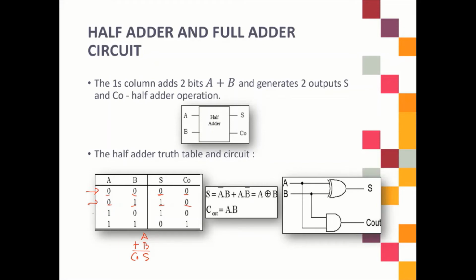Then 1 plus 0, your S is 1 and your CO is 0. And the last one, 1 plus 1, you get 0 for S, and CO is equal to 1.